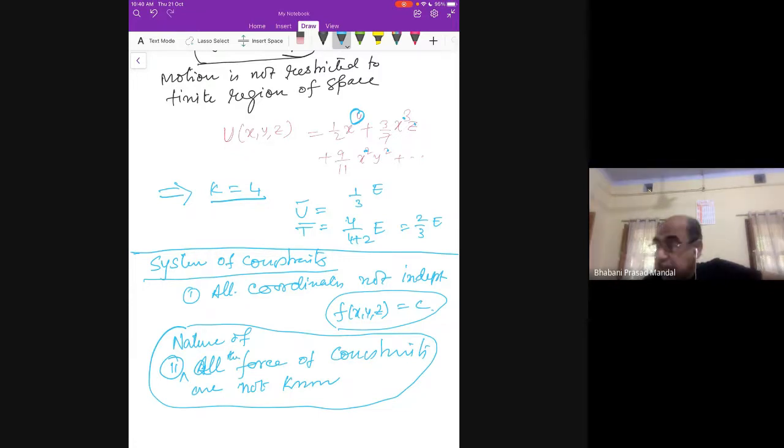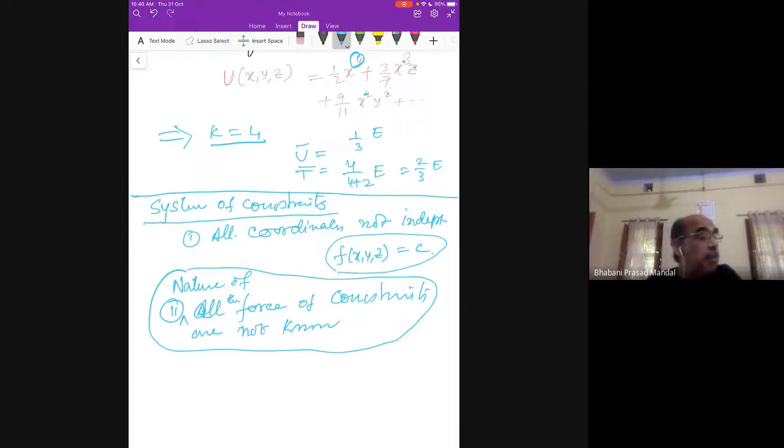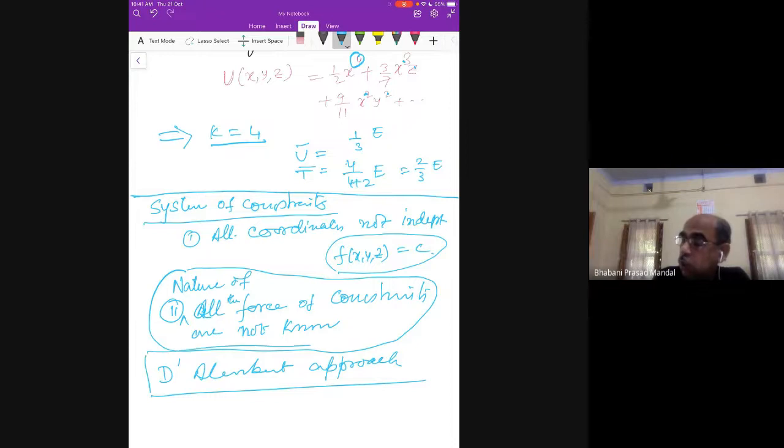So we need another approach, and I mentioned that that is called D'Alembert's approach. Using the D'Alembert principle, I'll explain what it is, you can also find the equation of motion.